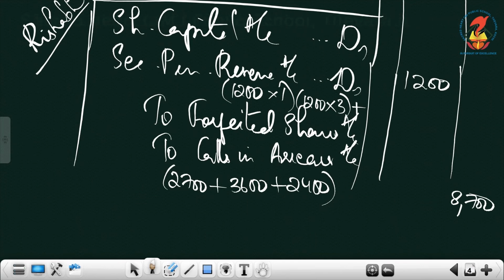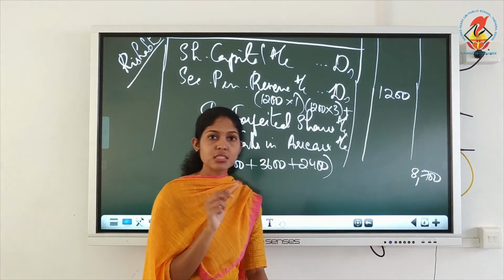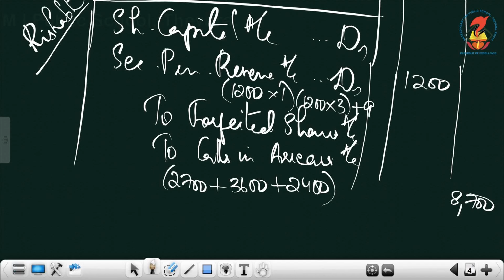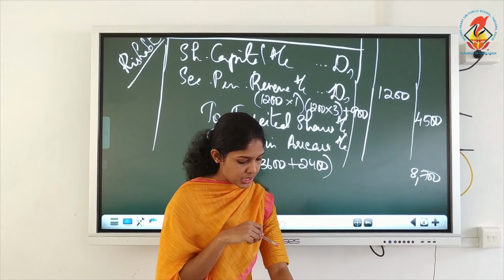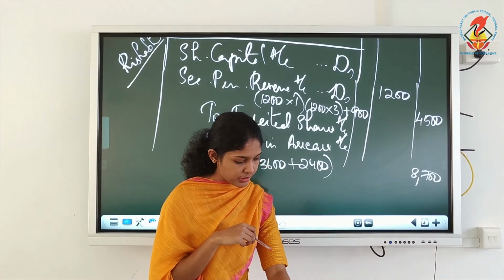For that, look into the individual calculation of Rishabh. Did you see an excess of 900 there? That you have to add. So 3600 plus 900, it will be 4500 as forfeited shares. Now the balance we can write for share capital, that will be 12,000.